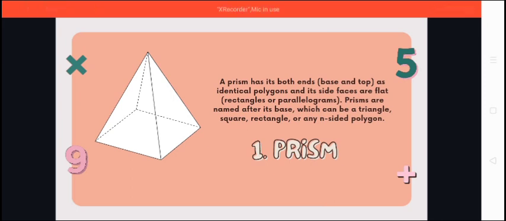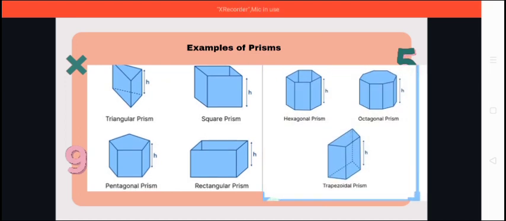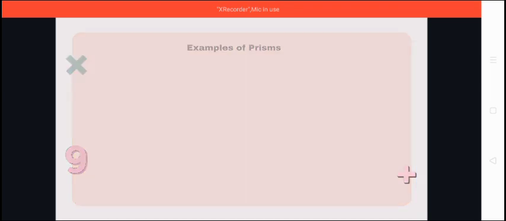Prisms are named after their base, which can be a triangle, square, rectangle, or any n-sided polygon. Here are some examples of a prism. We have triangular prism, square prism, pentagonal prism, rectangular prism, hexagonal prism, octagonal prism, and also the trapezoidal prism.